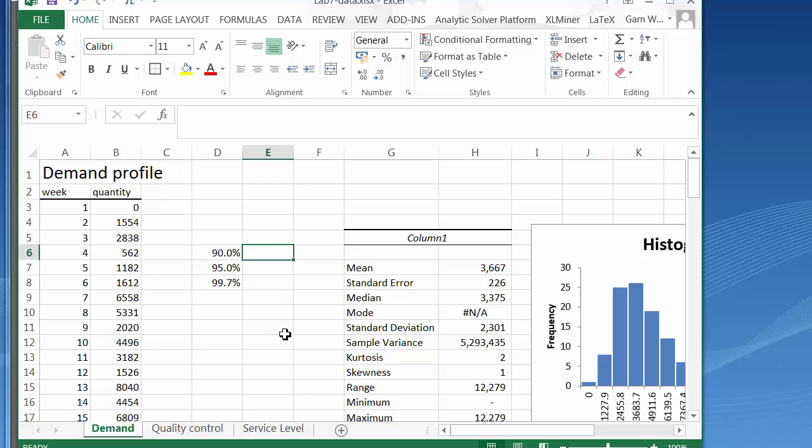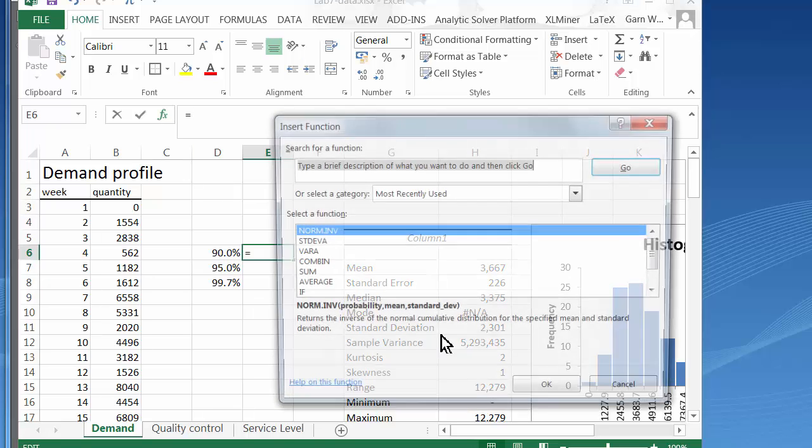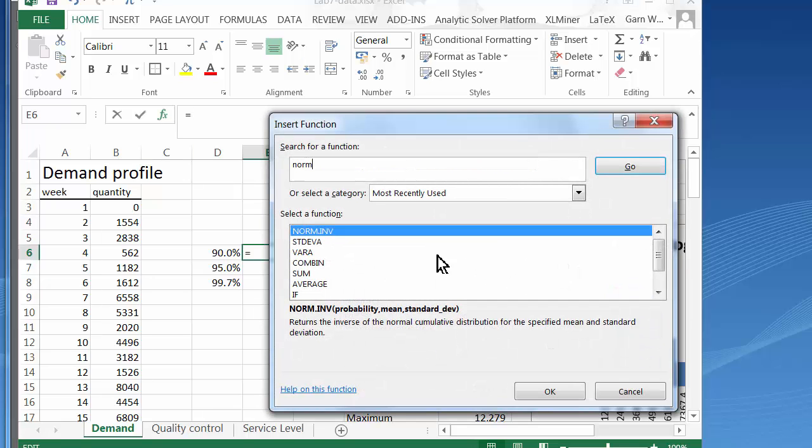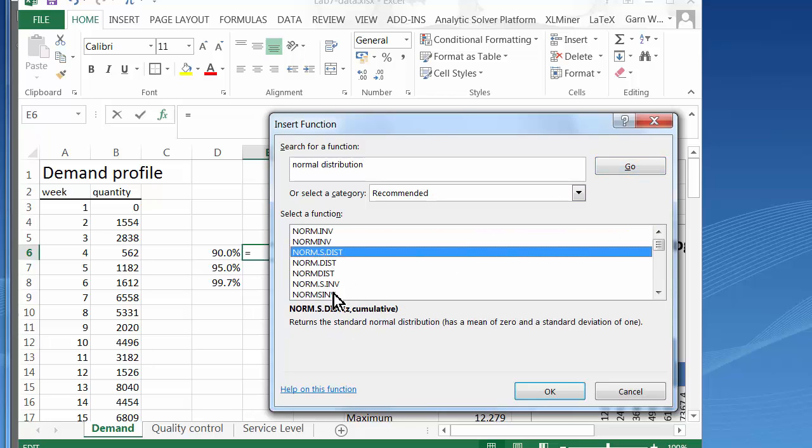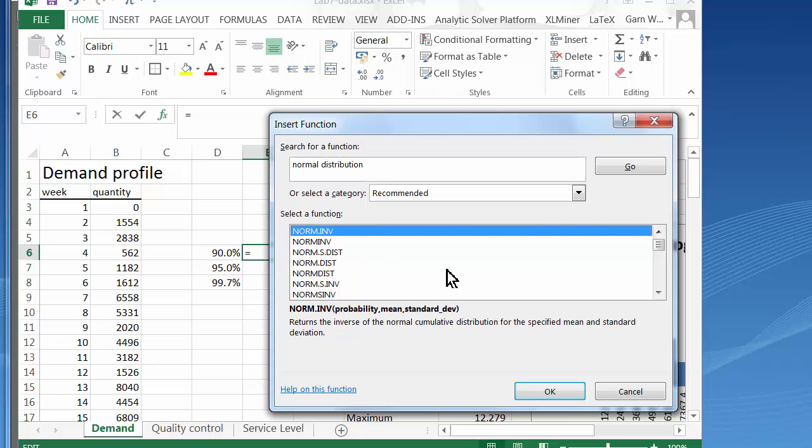Okay, so we need the normal distribution or a normal distribution. We are not quite sure which one. Let's find what is there. There are the standard distributions and there is the inverse distribution, which works with the probability, mean and standard deviation.